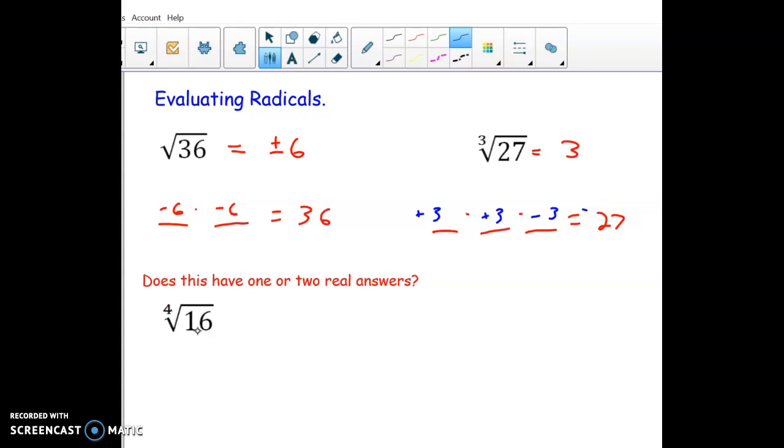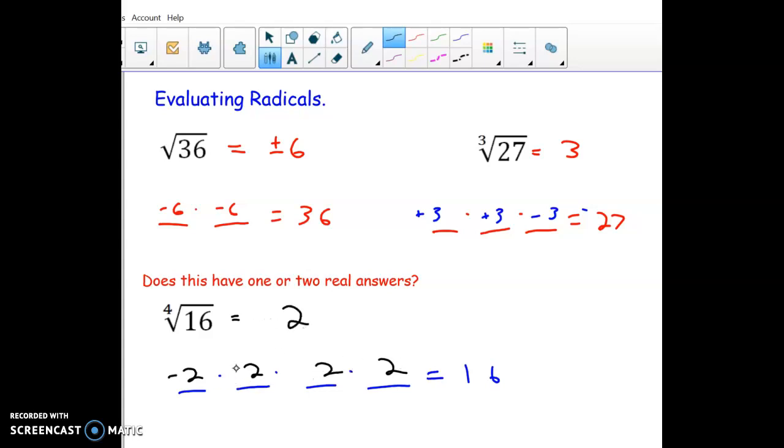So here's a good chance for you to think. This fourth root is going to have one or two answers, based on the patterns we're seeing up here. It's number times number times number times number that gives us 16. Pause the video and think about it. Okay, so certainly 2 is going to work. We multiply 2 times 2 times 2 times 2, that's 16.